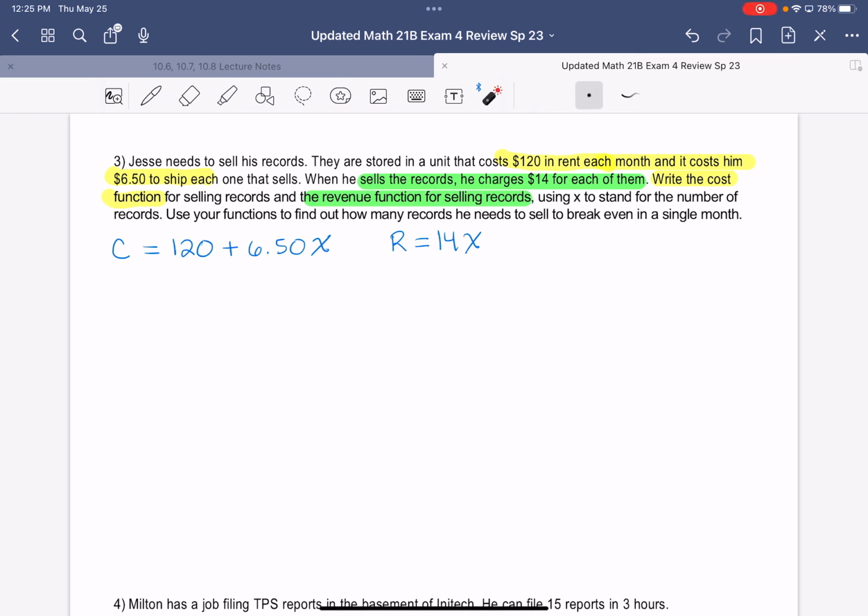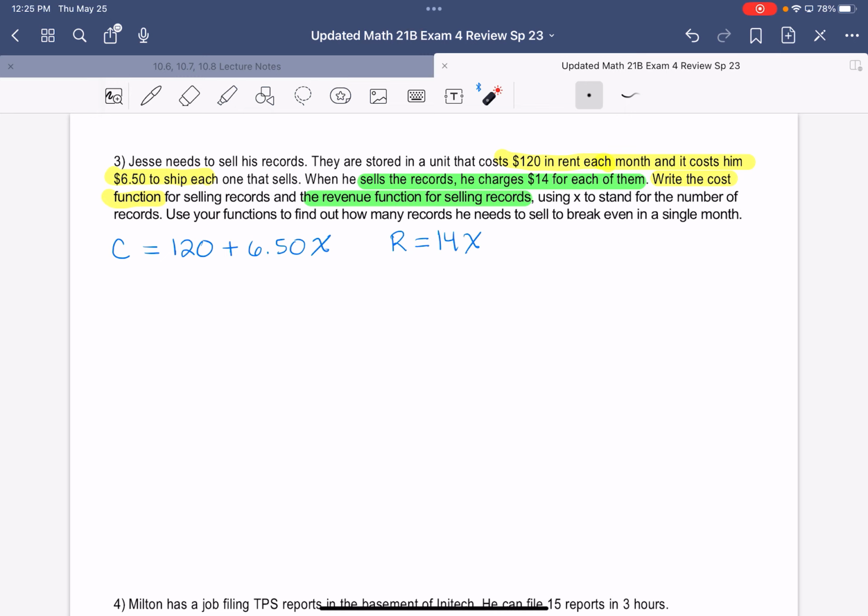Now we're at the last part. Use your functions, our functions being these 2 equations we just came up with. Use these functions to find out how many records he needs to sell to break even. Remind me, what does it mean to break even? I believe it's even on your formula sheet.